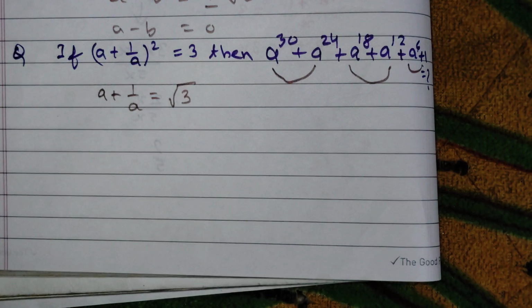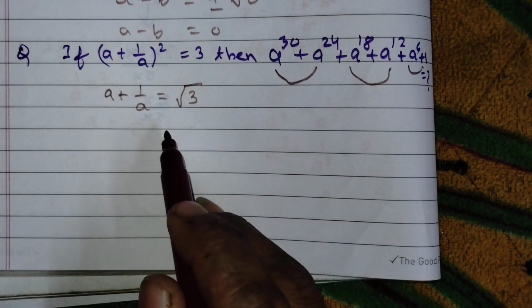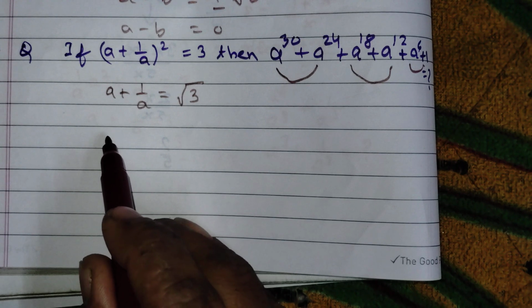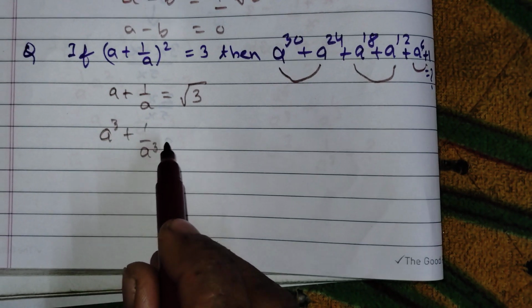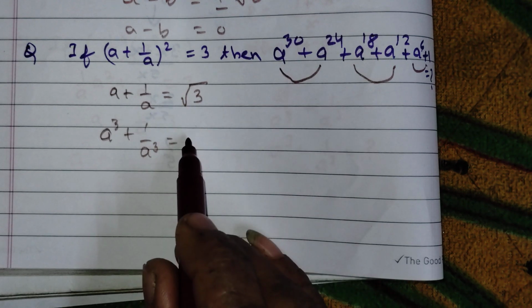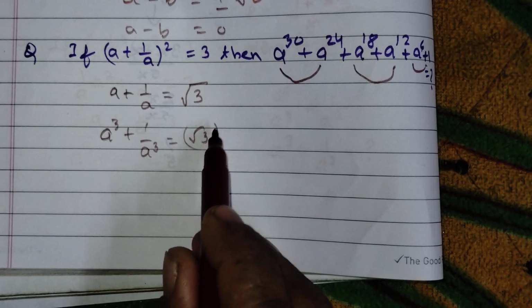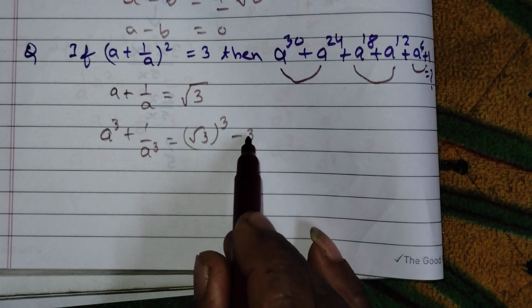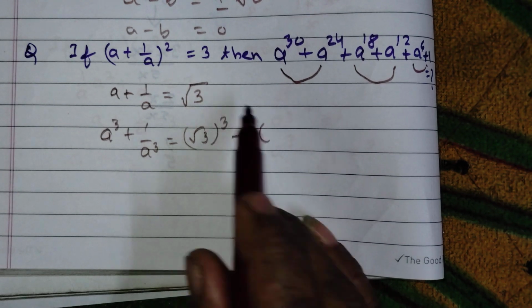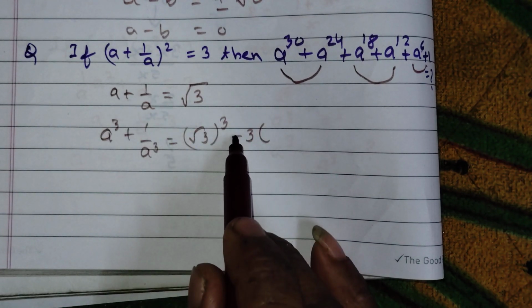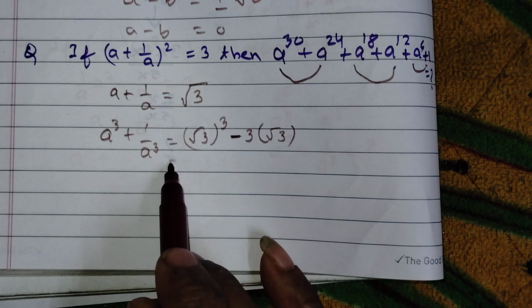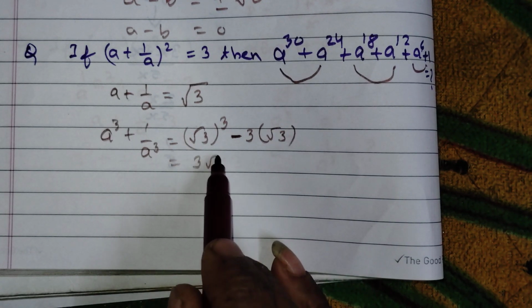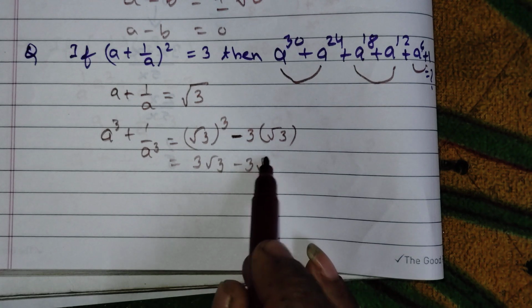Now from this a plus 1 upon a equal to root 3, we first find a cube plus 1 upon a cube. Its value becomes cube of this square root 3 minus 3 times this term, because there is plus, so we put minus square root 3. So cube of square root 3 is 3 root 3 minus 3 root 3.